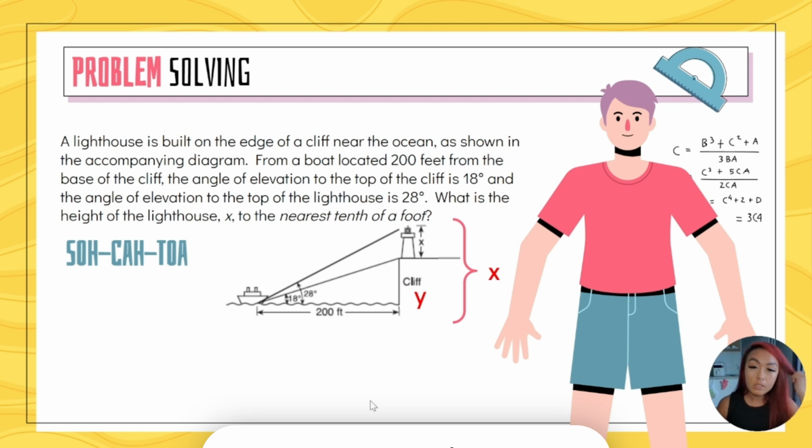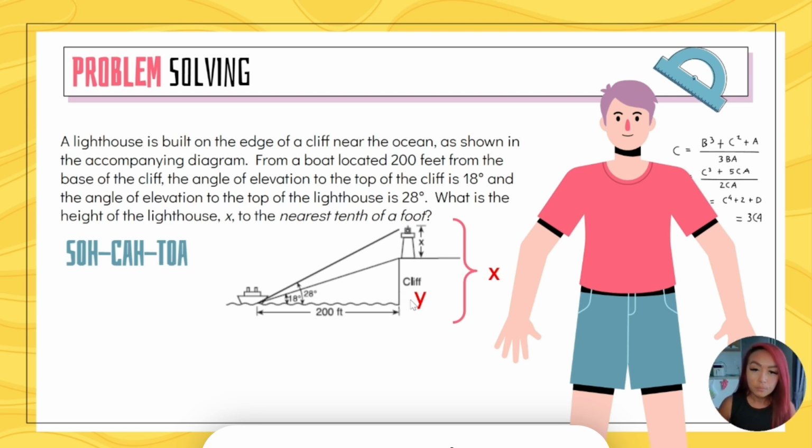So basically what we need to do is we need to find the value of X and we need to find the value of Y, right? The length of the entire side and the length of the cliff. And what we'll do with those 2 values is we'll subtract them and you'll be left with the height of the lighthouse.